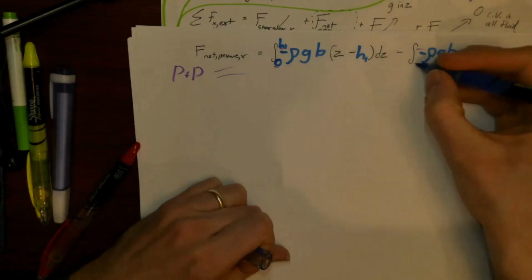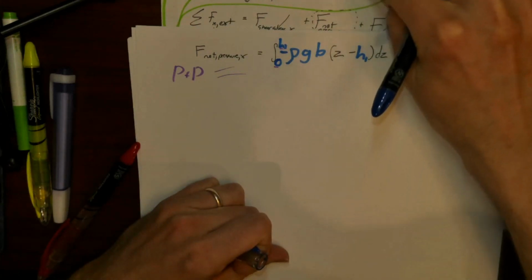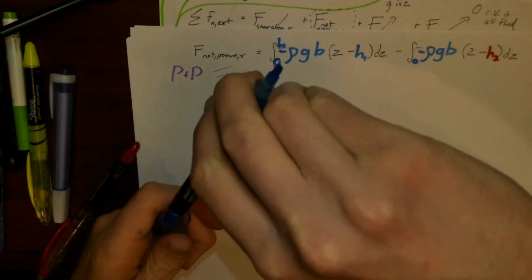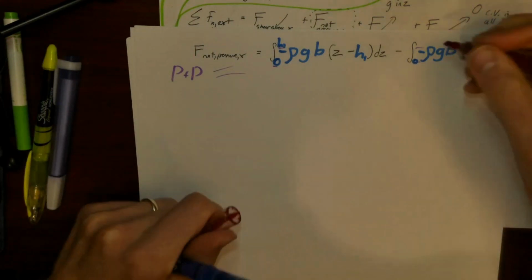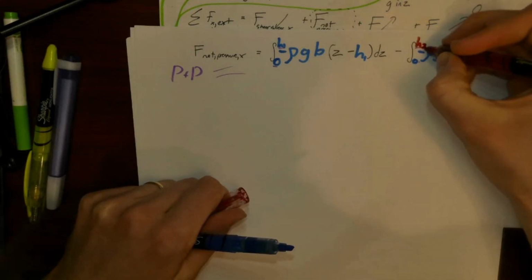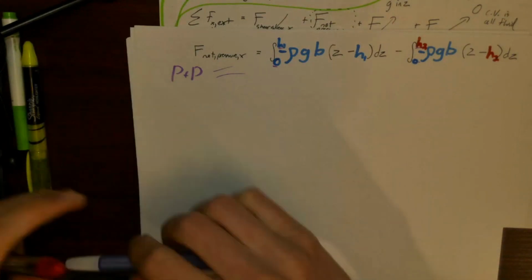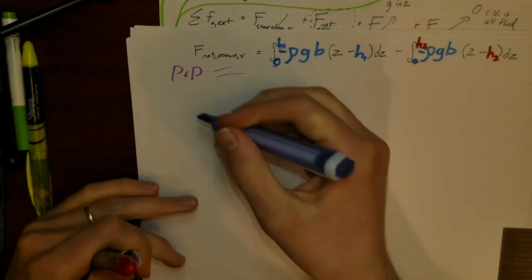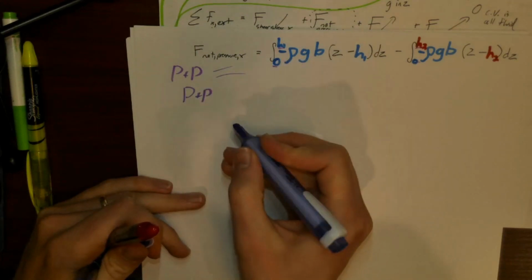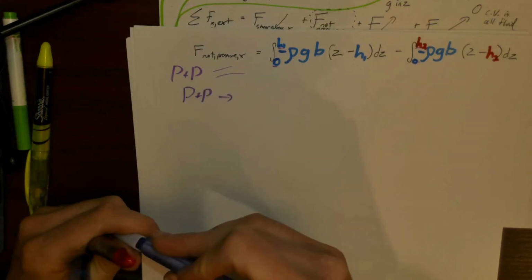And then for the second surface, we're integrating from z equals 0 all the way up to h2.